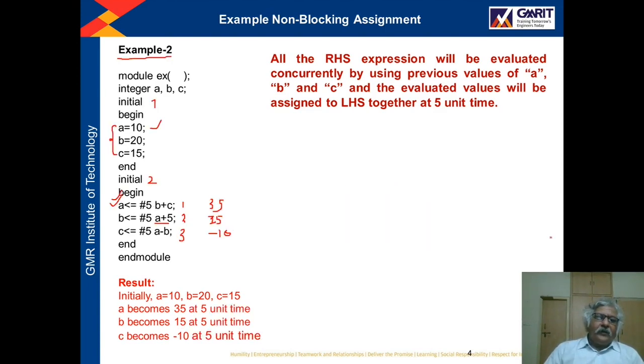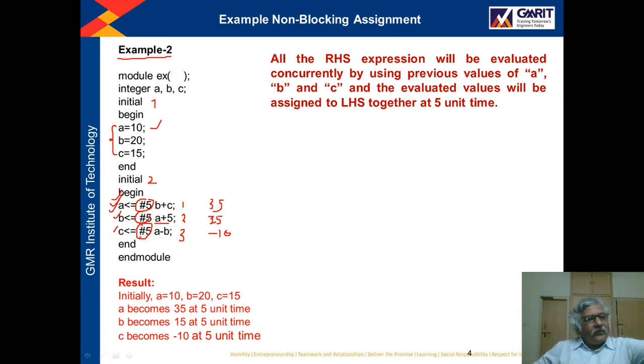But now you see in this example 2, we have used hash 5. The meaning of this hash 5 is that evaluation is done at 0 ns, but this evaluated value will be updated to target signals A, B and C after 5 unit time.